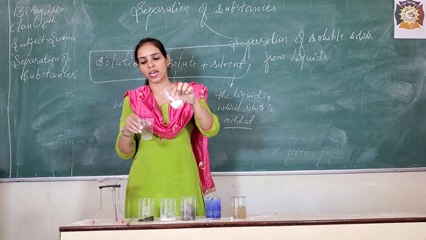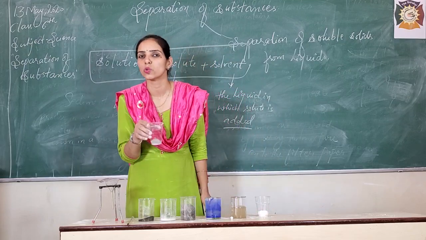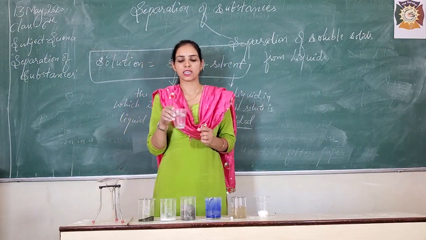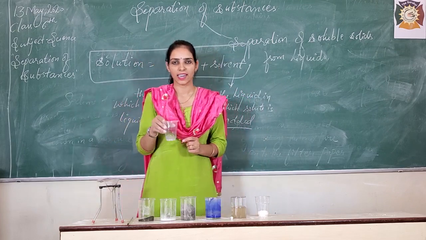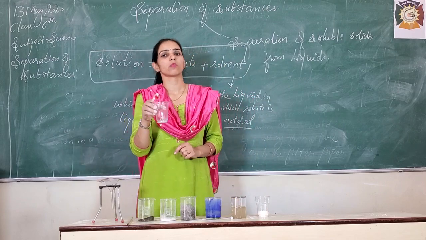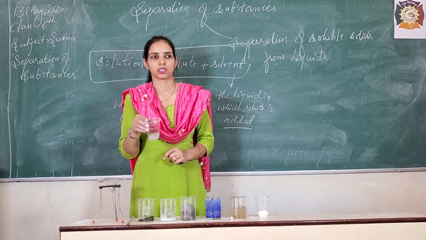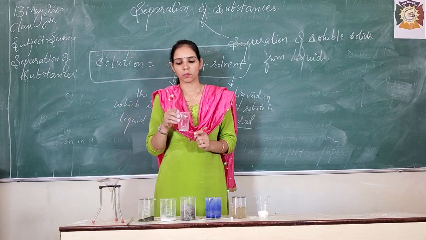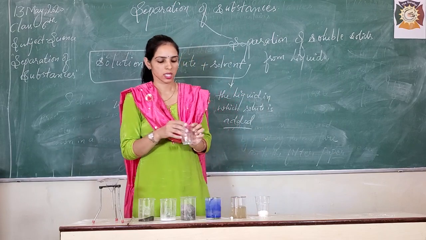The part which we add in water to get dissolved, we call solute. This solute is dissolving in what? Solvent, right? So when solute plus solvent both mix and dissolve each other, they are called a solution. This solution is getting prepared, right? So this mixture will be called a solution.